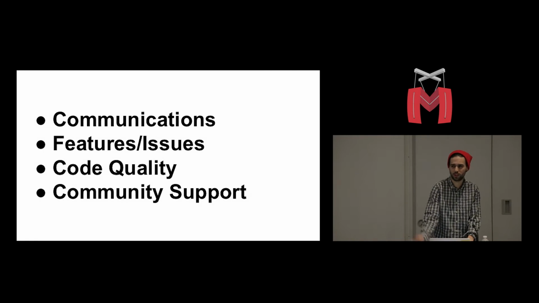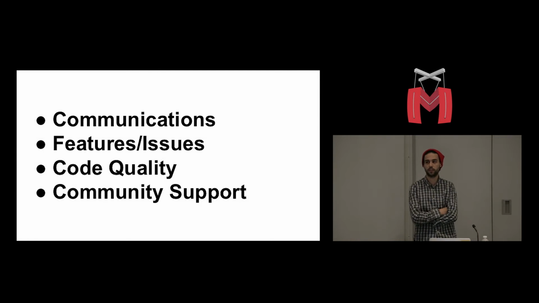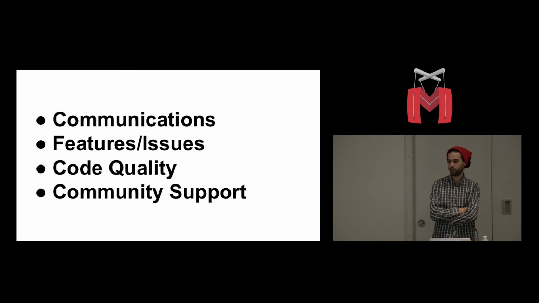And community support, which falls into the issue and feature buckets, but we have a really active community, and people are writing blog posts and asking us questions every hour, sometimes every minute. Having an open dialogue between them is really important for a healthy open source community.